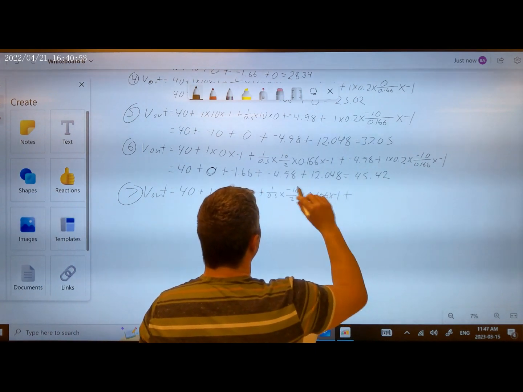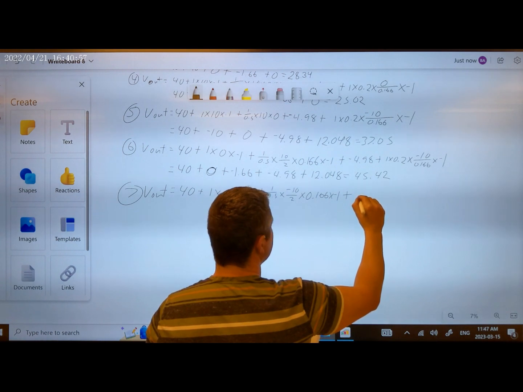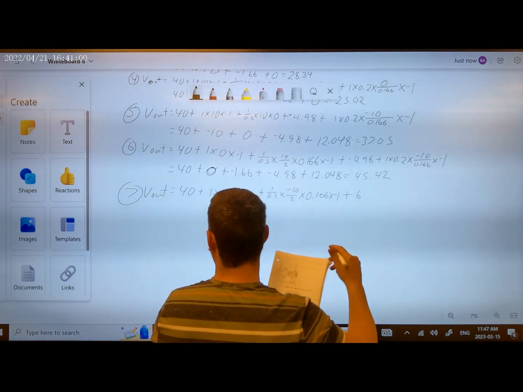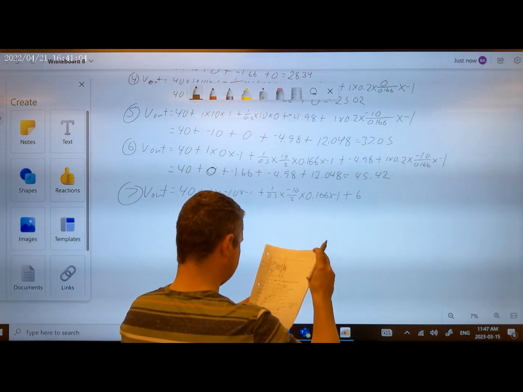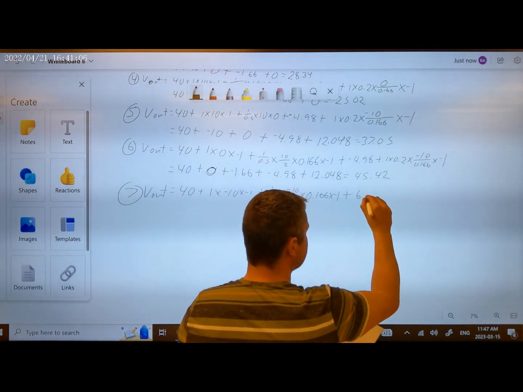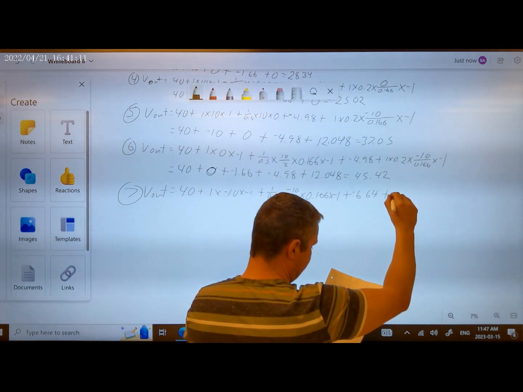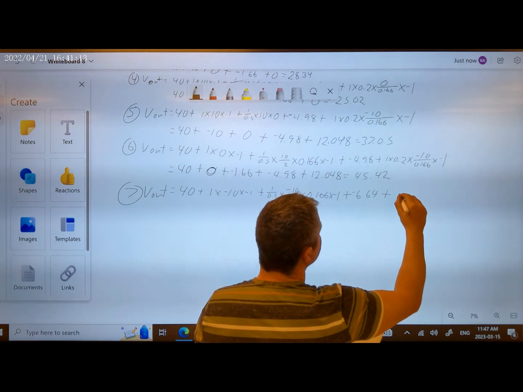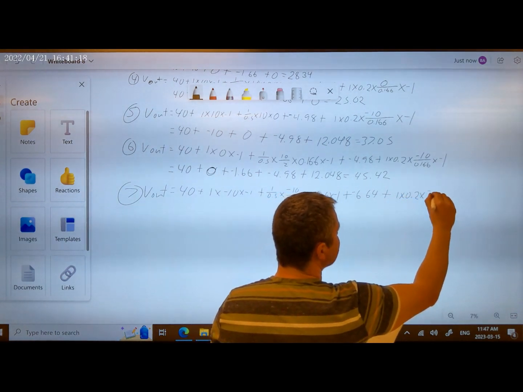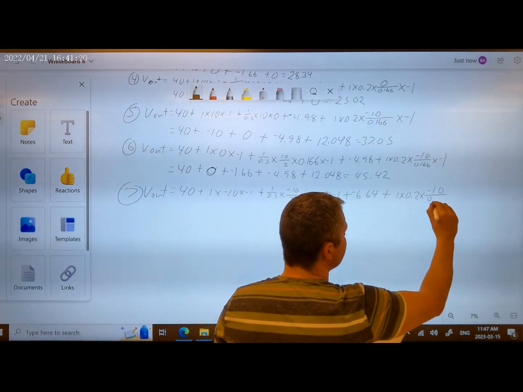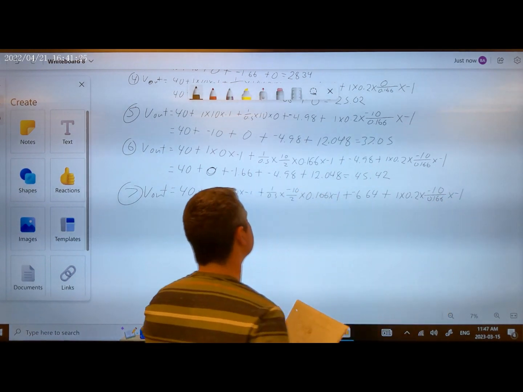We're going to add our old integral, which is 6.64, and that is a negative 6.64, plus our derivative of 1 times 0.2 times minus 10, we're still going in the negative direction, over 10 seconds times our direction.